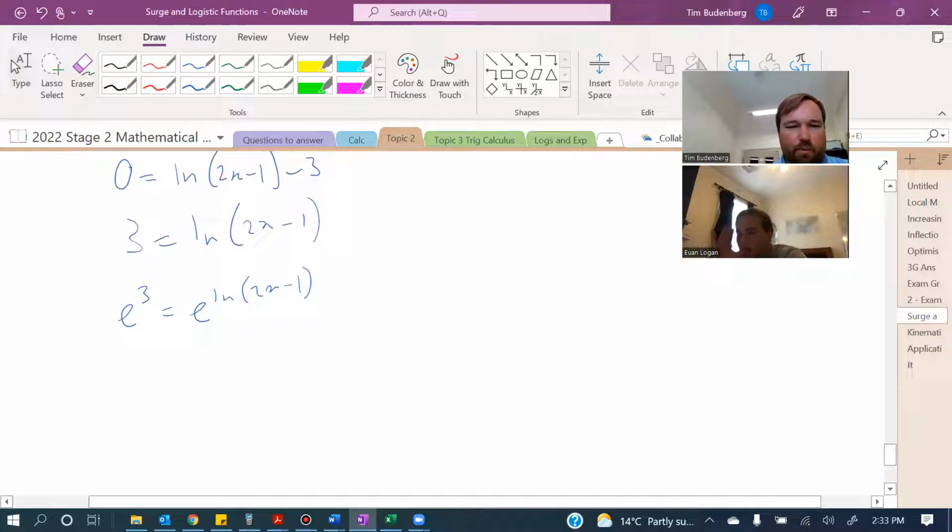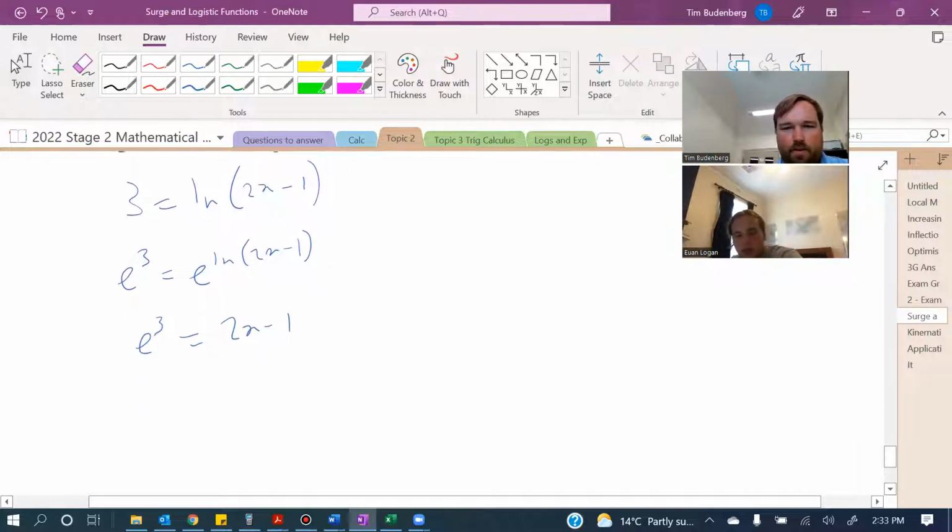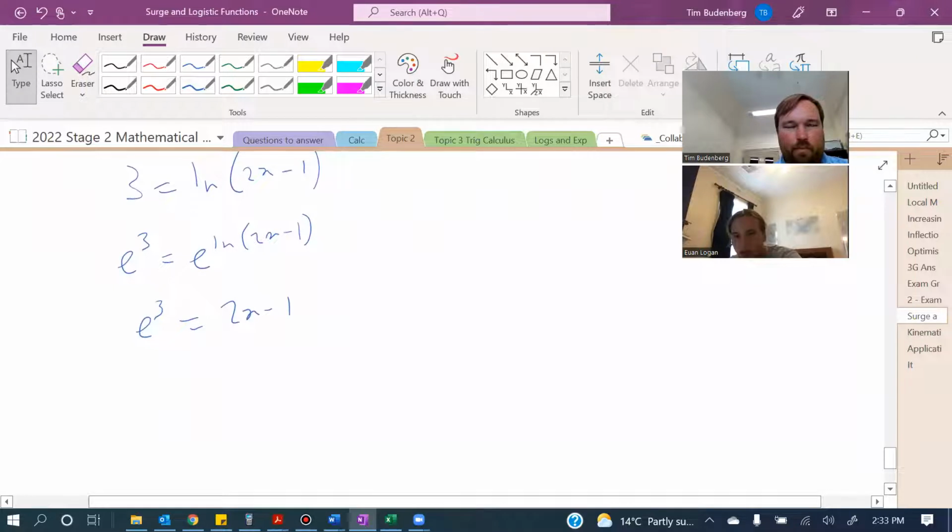Which doesn't seem particularly pretty, but then e to the 3 equals 2x take 1, because they're inverse functions and they undo each other. Add 1, divided by 2. x equals e to the 3 plus 1 on 2. And that's your answer.